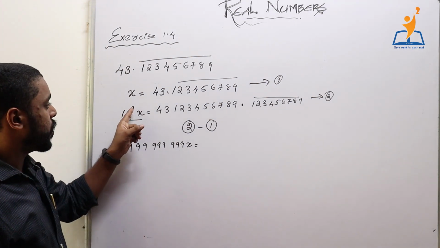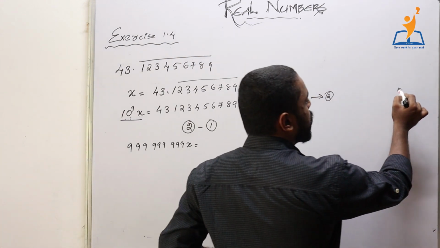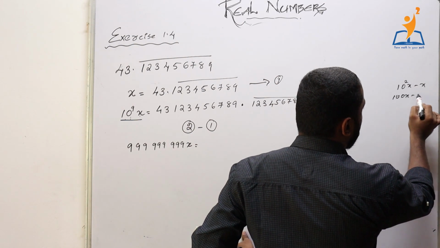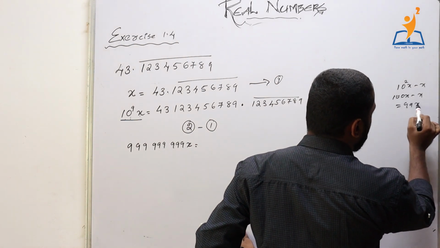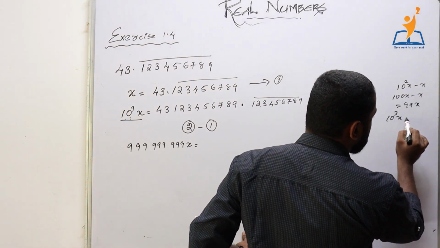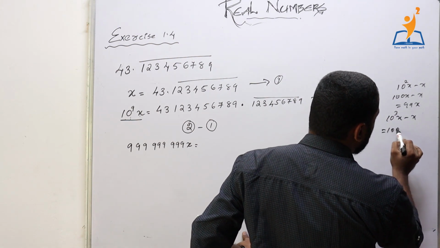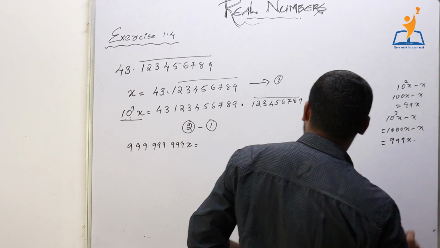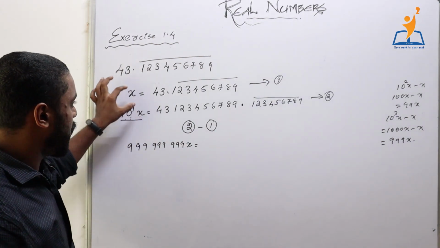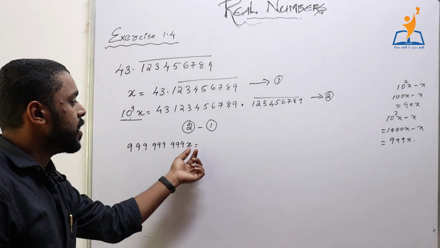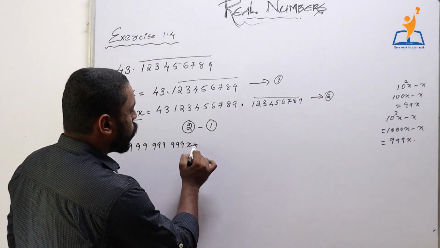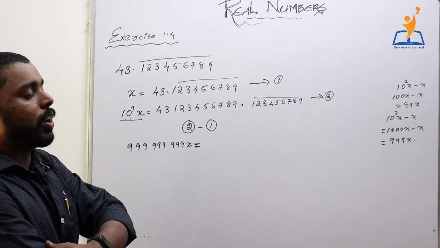Suppose instead of 10 raised to 9, we have 10 square x minus x, equal to 100x minus x, equal to 99x, right? What about 10 cube x minus x, equal to 1000x minus x, equal to 999x. So whenever we have 10 raised to 9 x minus x, we will have nine 9s into x on the left hand side.